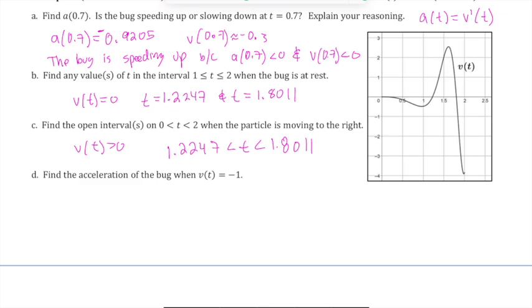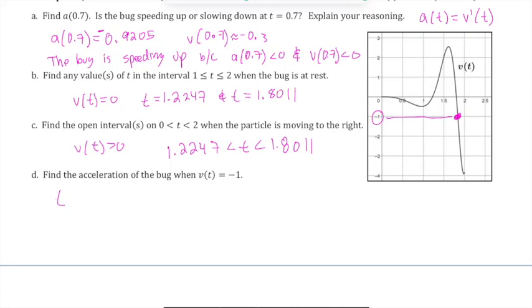Okay, now part D, find the acceleration of the bug when the velocity is equal to -1. So -1, we need to find this value here. And then we need to plug it in. We need to find the derivative there.